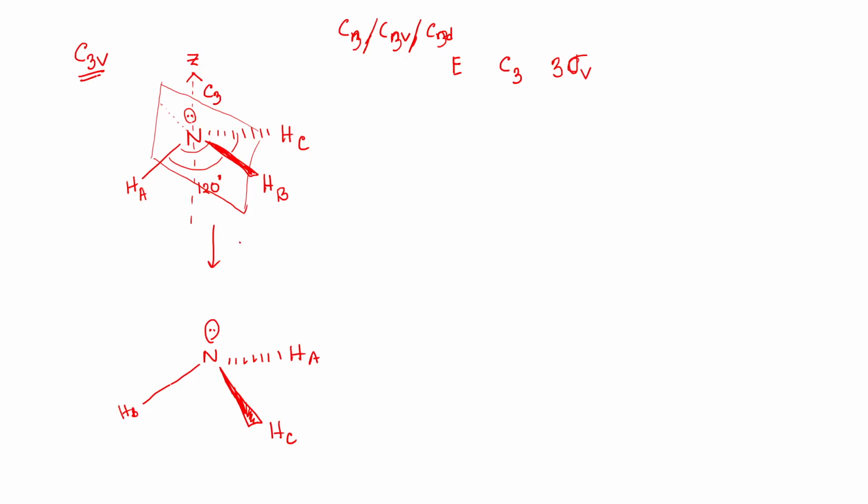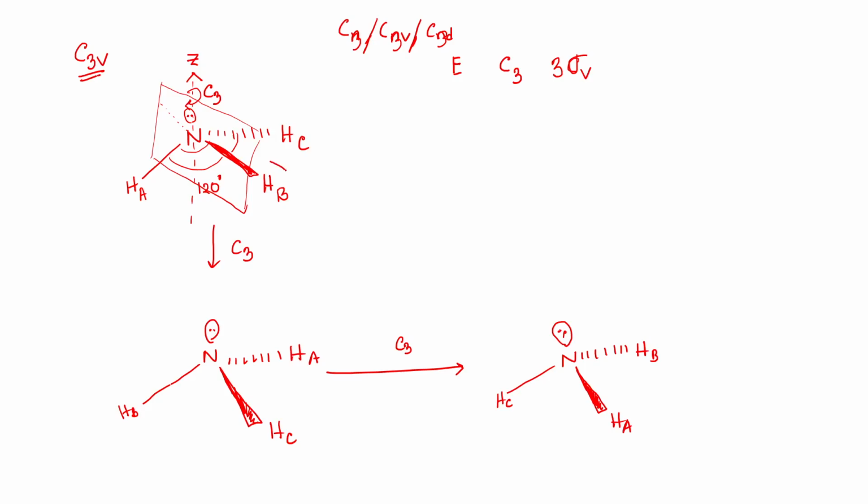Once, one time you perform C3 along this axis. Can you perform another C3? Then HA turns out to be HB, it rotates by 120 degrees. HB becomes HC, and this will become your HB, and this is going to be your HA. So another C3 is possible.